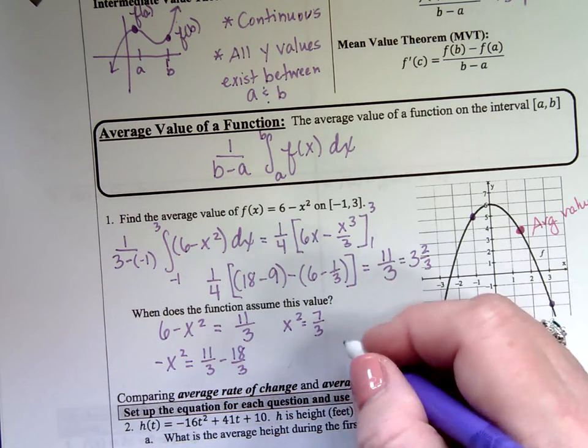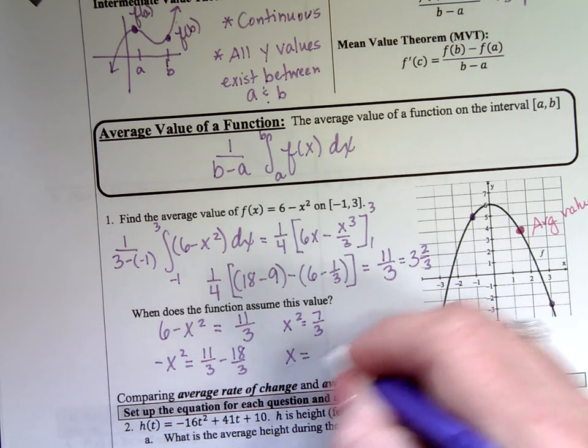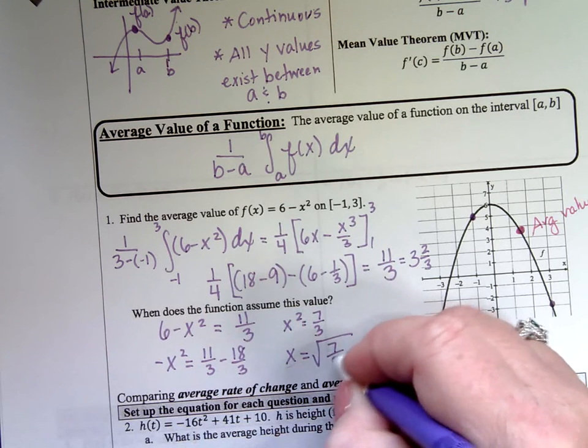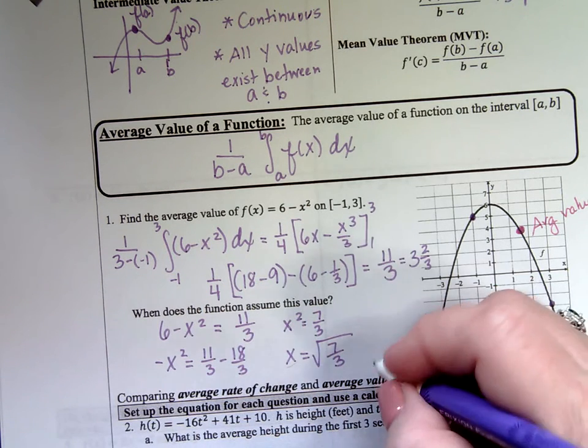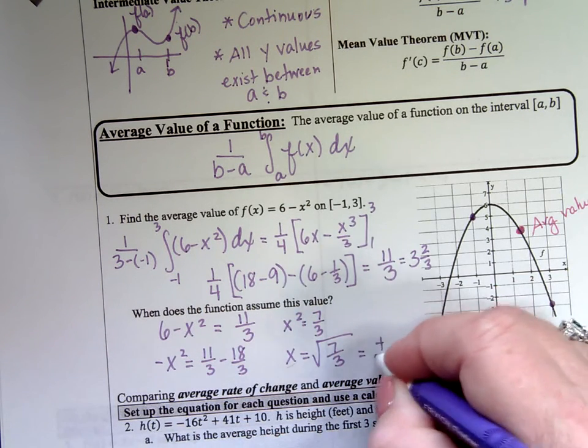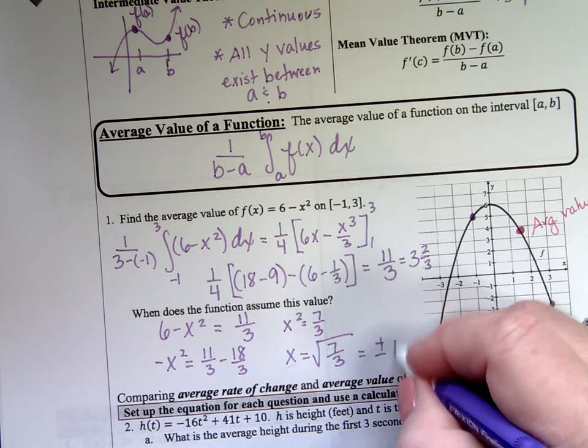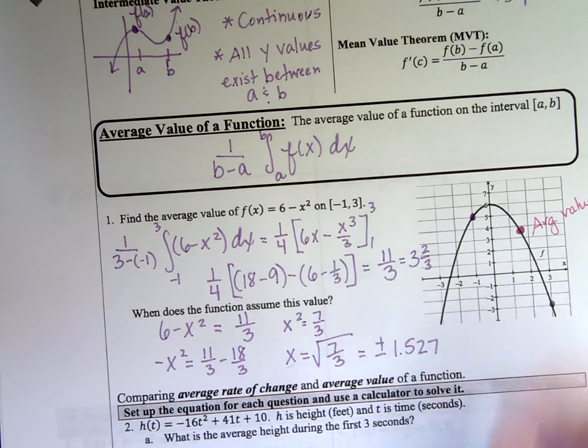Go to my handy dandy calculator, and I square root this, the square root of 7/3. Now that would be plus or minus, this is giving you the x value, plus or minus 1.527, again coming from the calculator. I guess I should put plus or minuses over there too. Can I eliminate one of them?